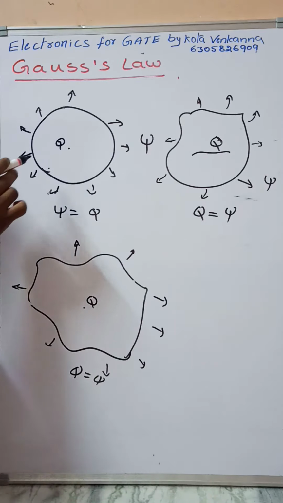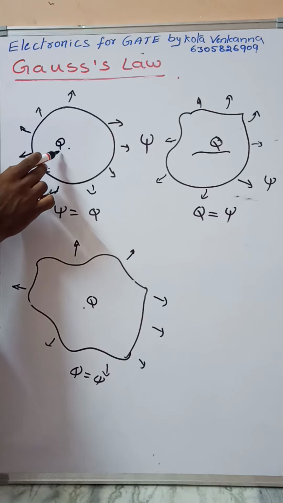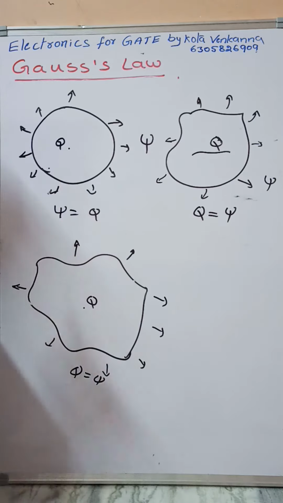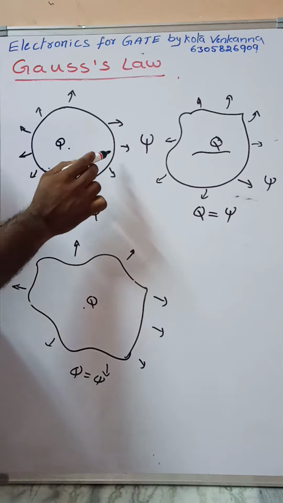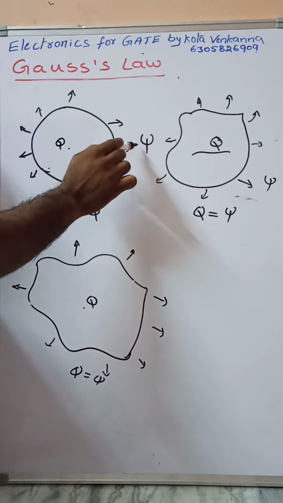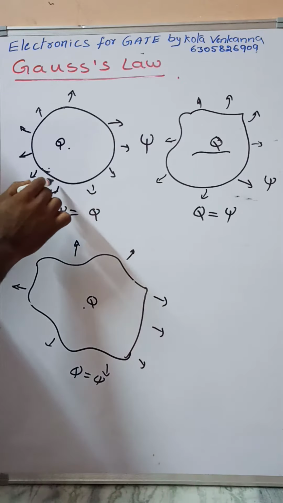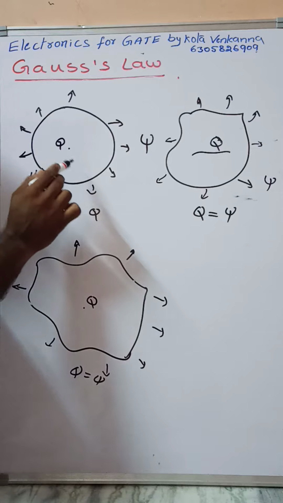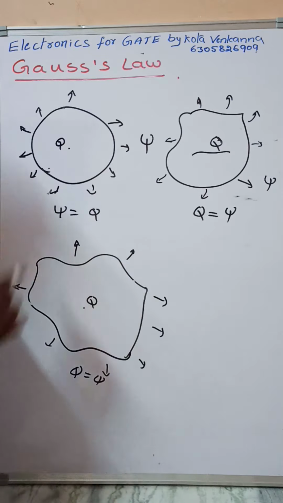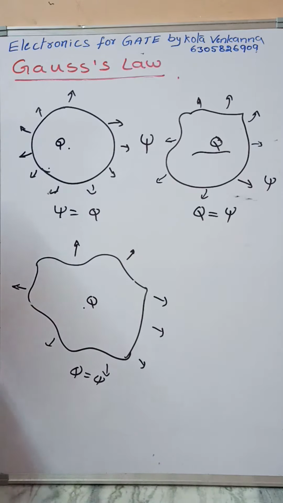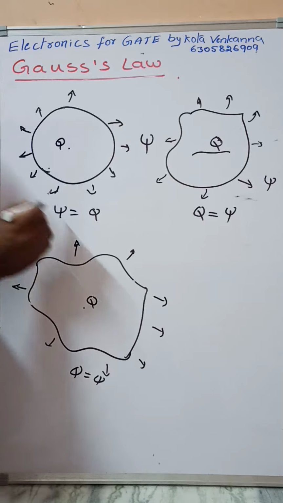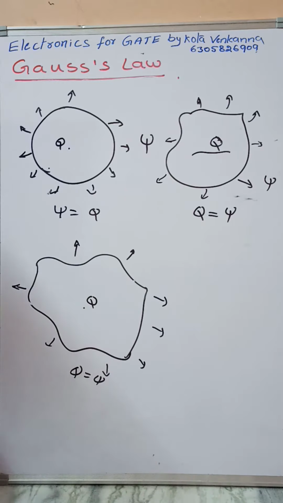So the total charge enclosed by the surface, Q, must be equal to the flux emanating around the enclosed surface, that is psi. Therefore psi is equal to Q. That is the Gauss law.